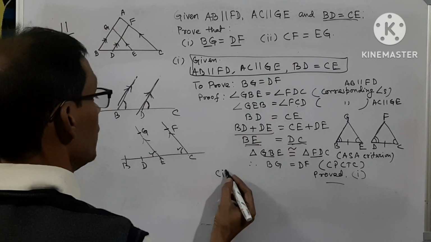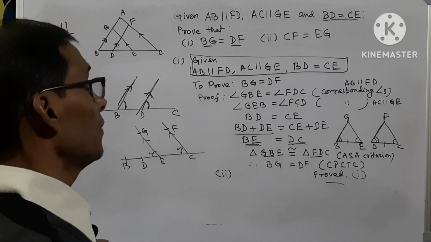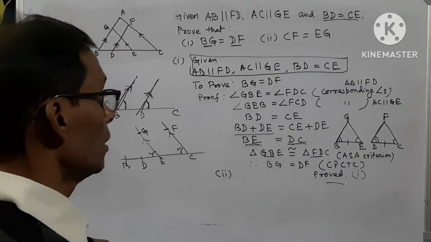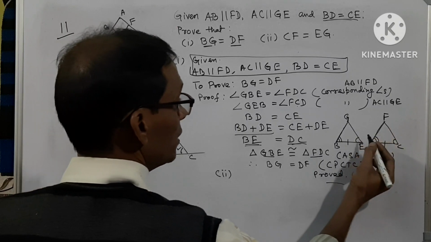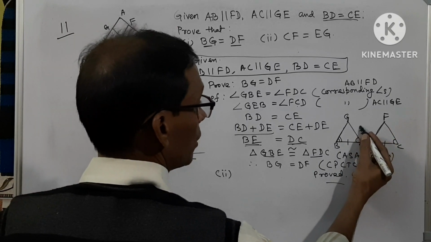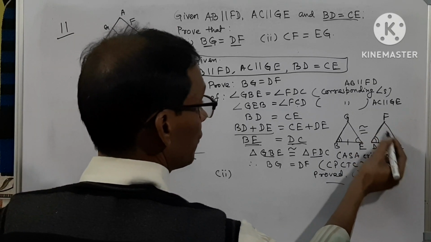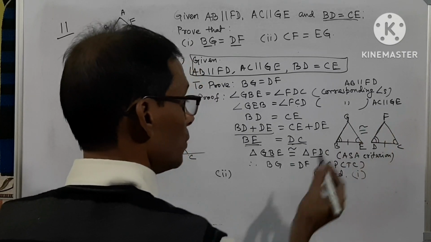Second one, you have to prove CF equals EG. Clearly you have proved they are congruent, and CF and EG are corresponding sides.